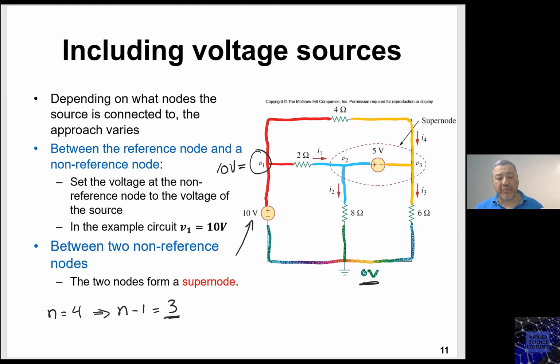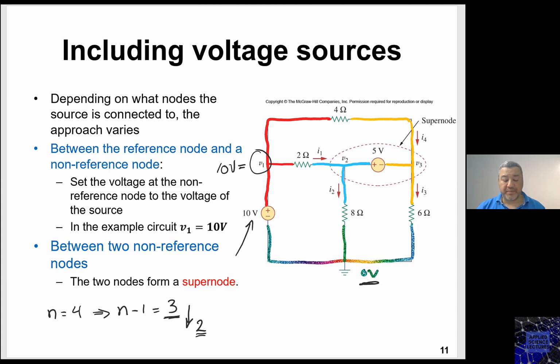So it is not variable anymore, which means the number here is reduced from 3 to 2. Why? Because I don't need to write the nodal equation anymore at V1. V1 now became known. V1 now is 10 volt. That reduced the complexity and the number of equations that I need to write.